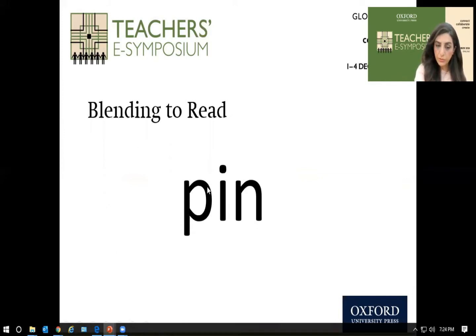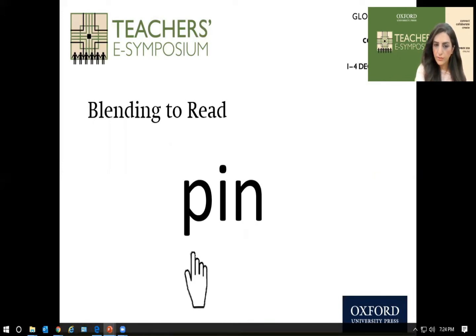So let's practice the routine for blending. You glance at the word from left to right and identify the sounds. You put your index finger under each sound and say it. So p, e, n.